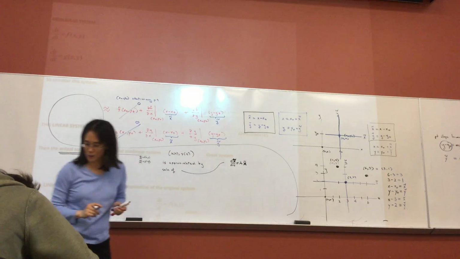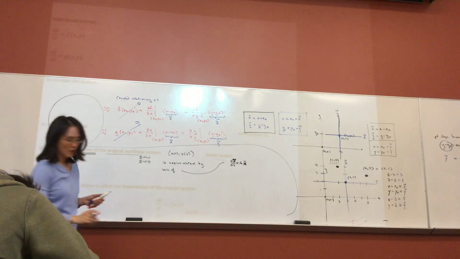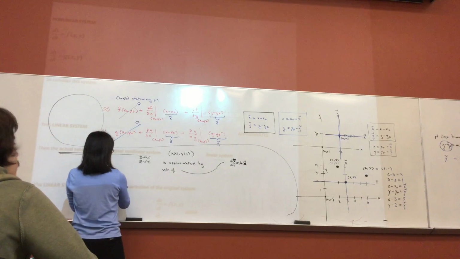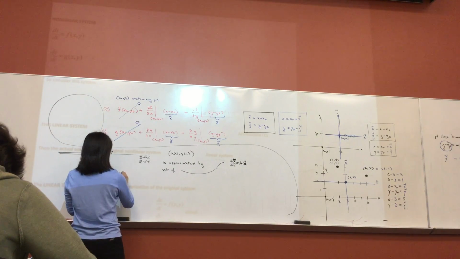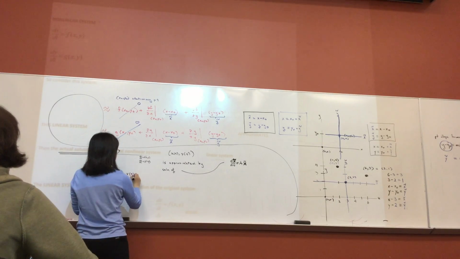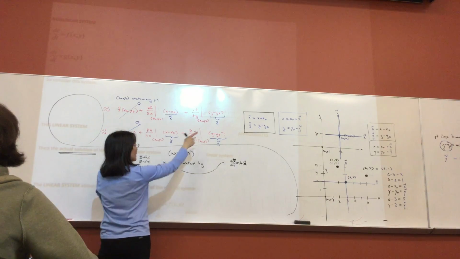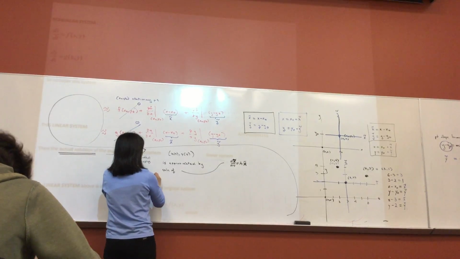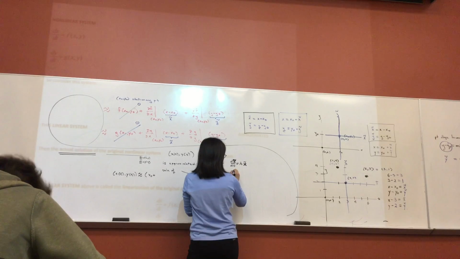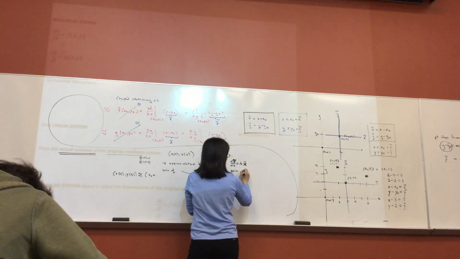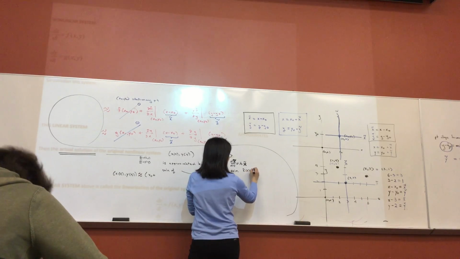The way you would write it, of course, is that x of t, y of t is approximated by x naught, y naught plus the solution of that linear system, x tilde of t, y tilde of t.